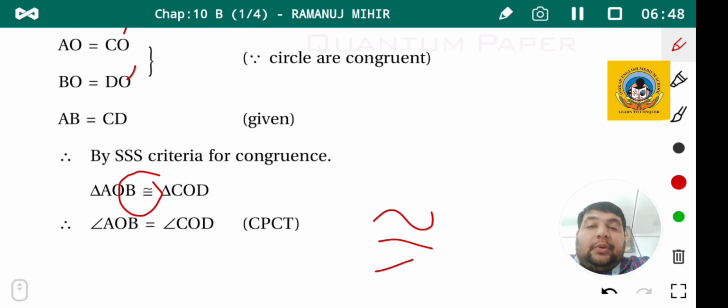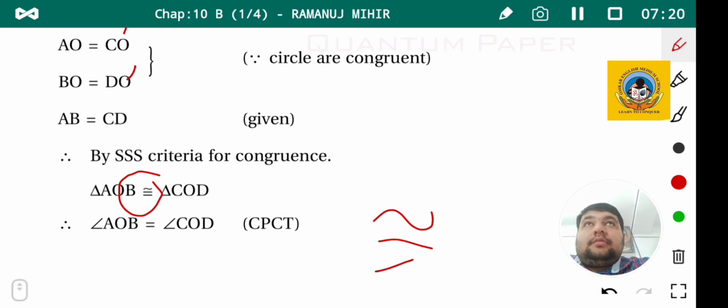So if they are congruent, we can write angle AOB is equal to angle COD by CPCT, corresponding parts of congruent triangles. So that is very easy. When you are not able to prove directly that the angles are equal, you can prove it in this manner also.